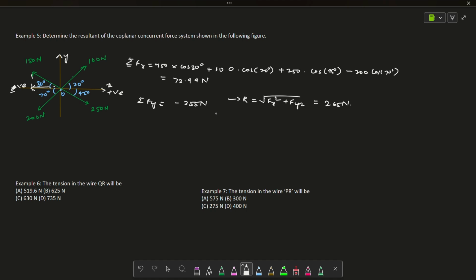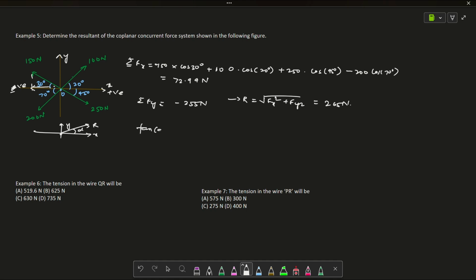Now for finding the angle: overall we get some resultant force, with this one being x and this one y. We have to find alpha, the angle the resultant force makes with the horizontal.